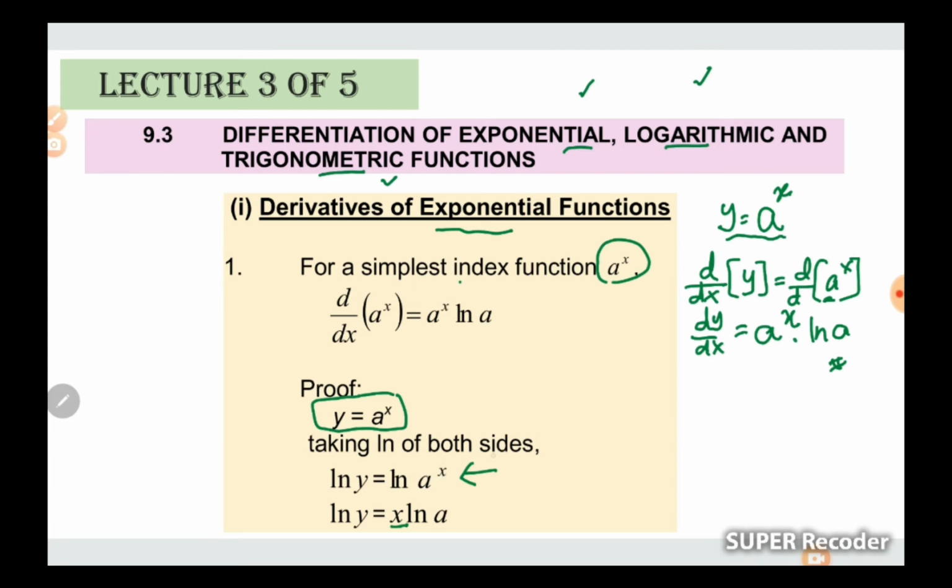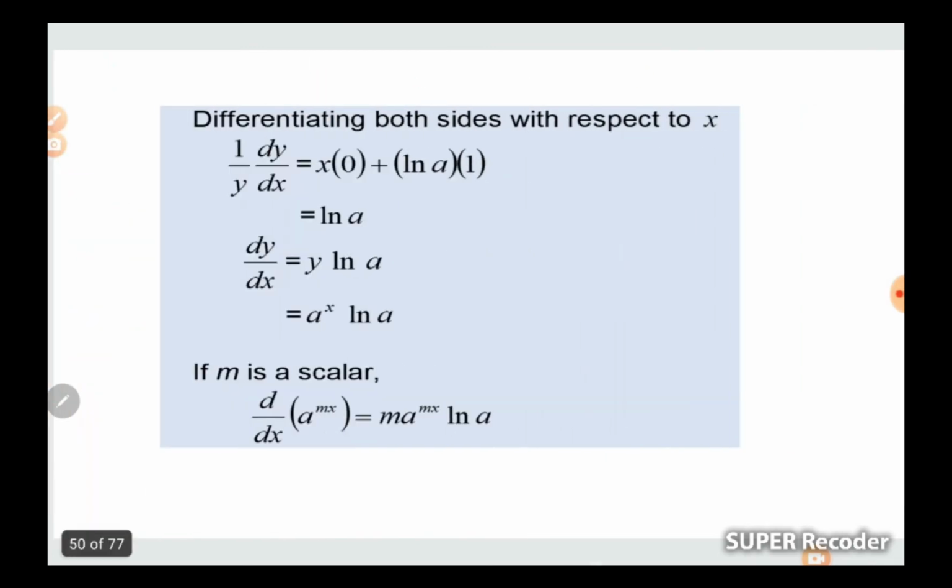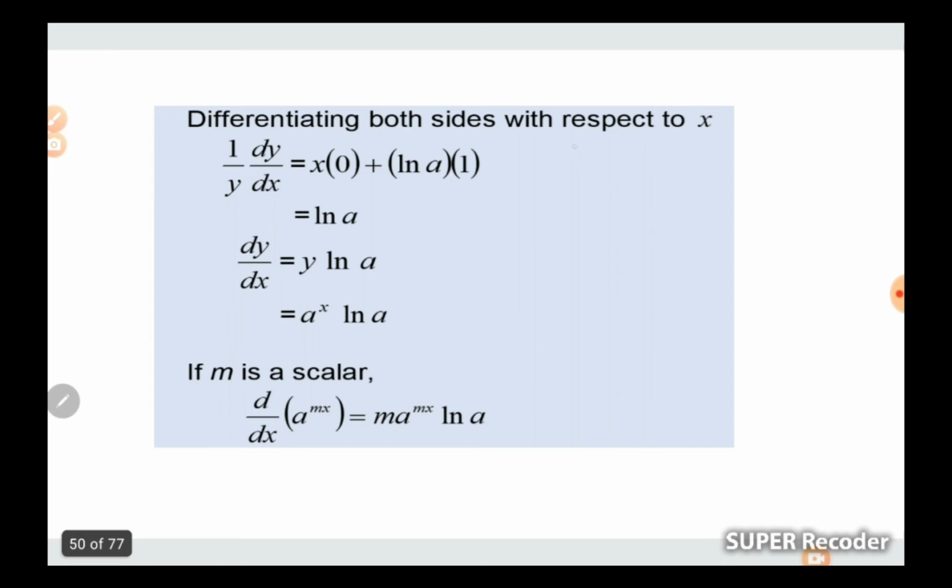Please take note, when you take ln both sides, we can apply the rule, so we can bring x in front. So ln y equals x ln a. Okay, so we continue the next page. Then ln y equals x multiplied with ln a.